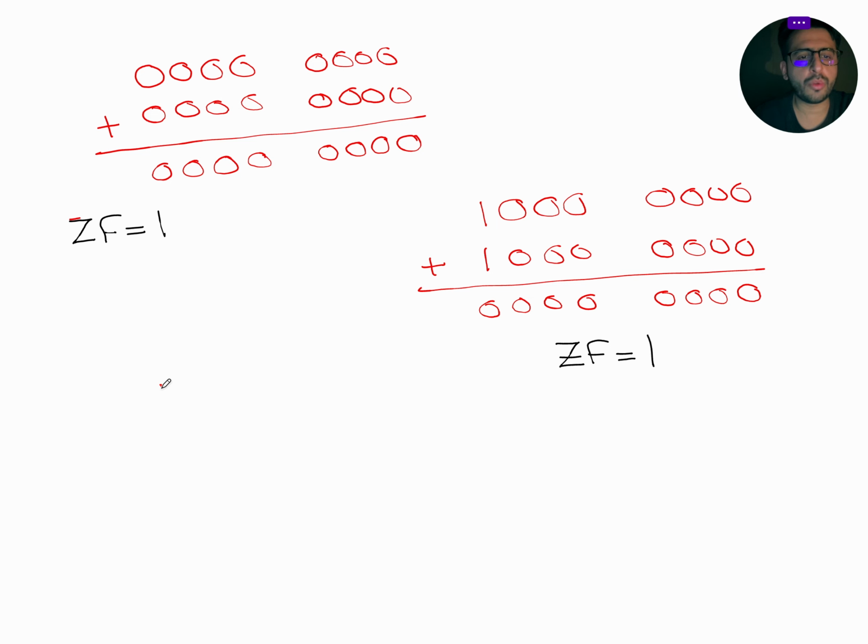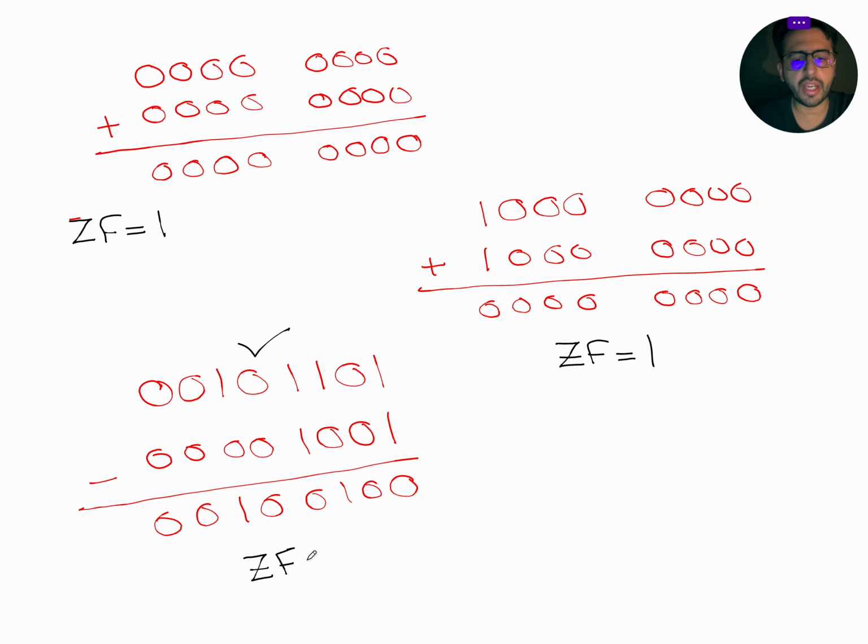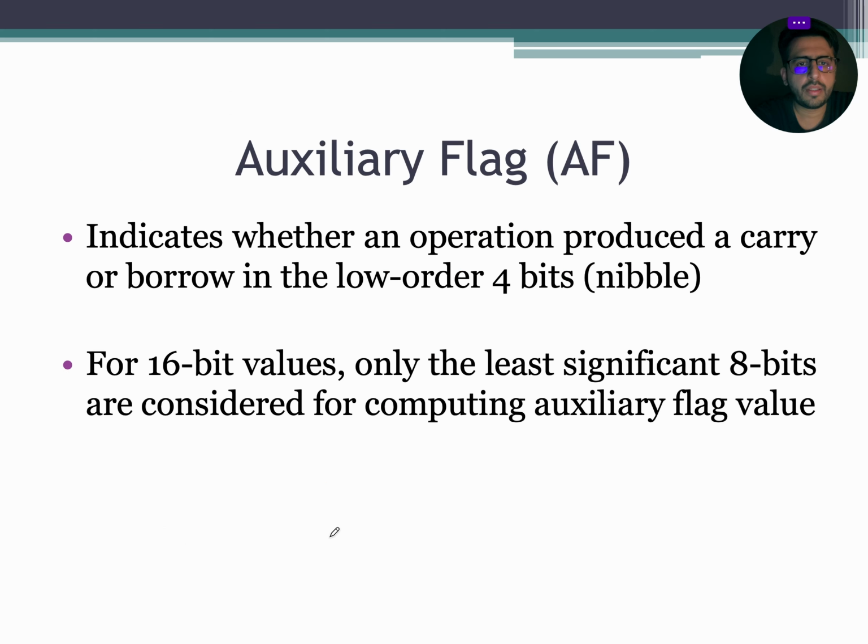So let's subtract two numbers. If you see, for this third example, the result is a non-zero number. So for this example, the value of the zero flag is 0.